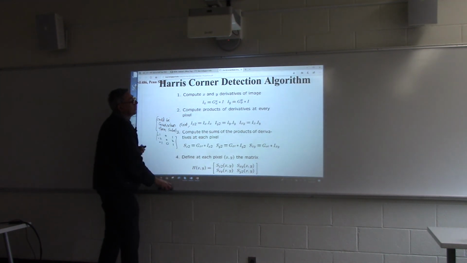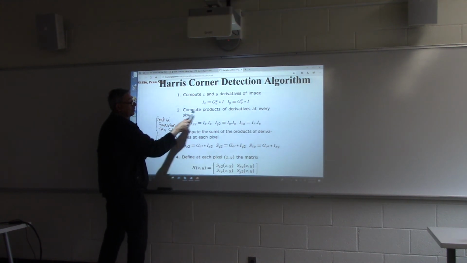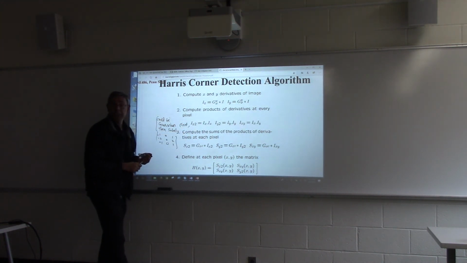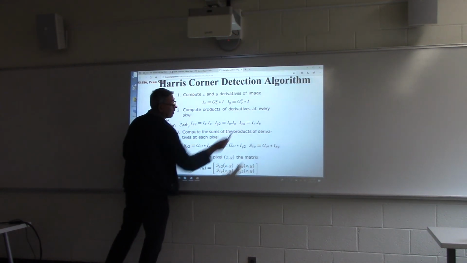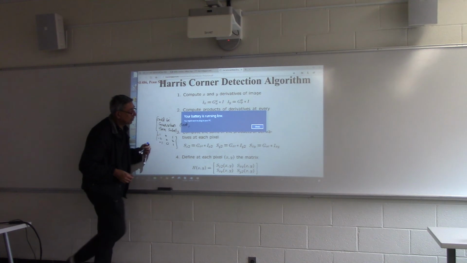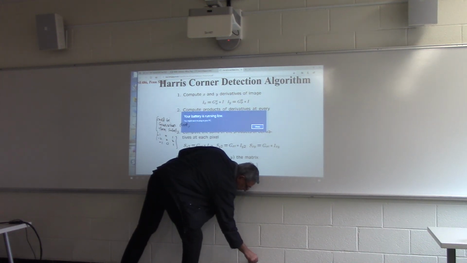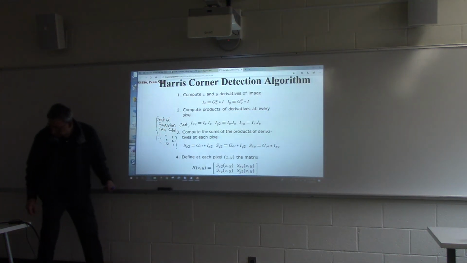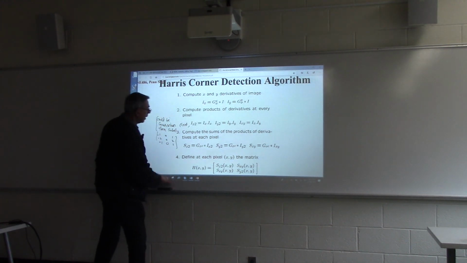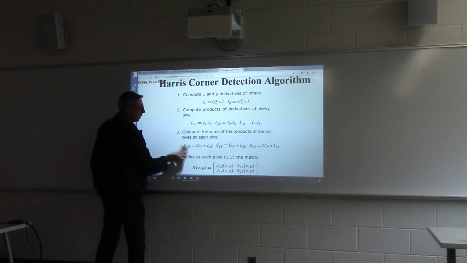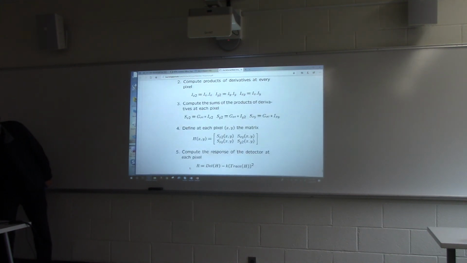This gives the derivative in x and the derivative in y. Then we compute products of derivatives at every pixel: Ix times Ix, Iy times Iy, and Ix times Iy.